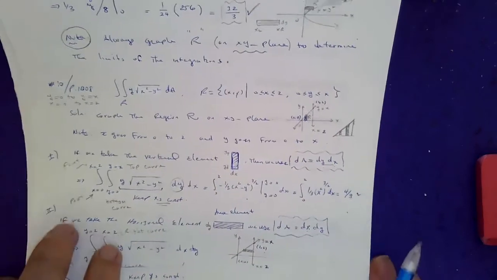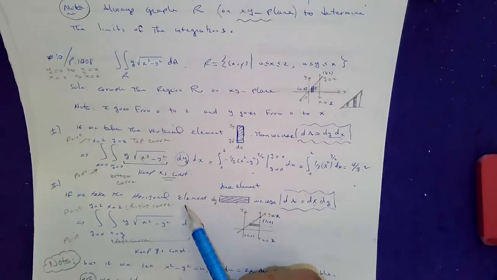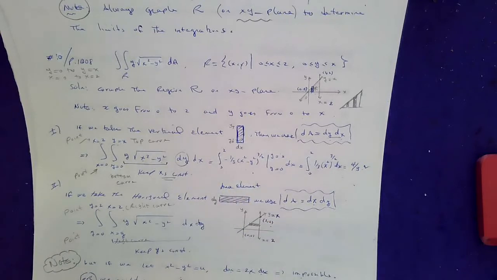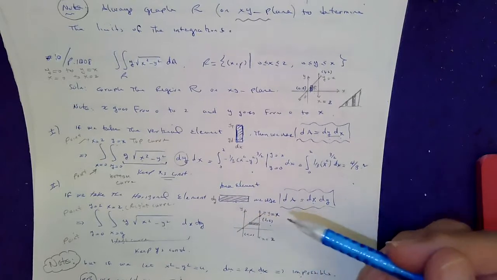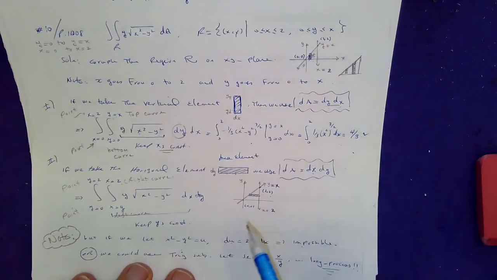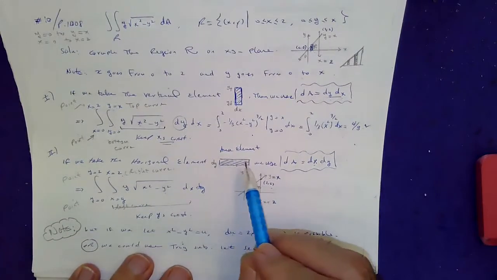On the other hand, sometimes one way of doing the limits will take you to impossible integrals. You won't be able to integrate it, or the integral will be so complicated it's not even worth trying. For instance, if I had done the same problem taking the what?